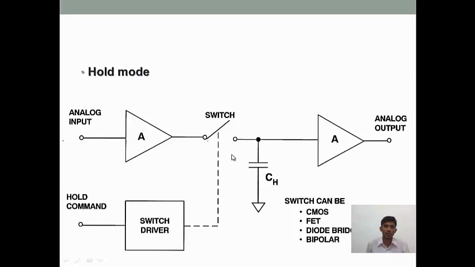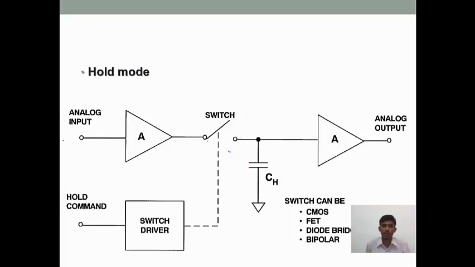In hold mode, the switch driver opens the circuit. When the switch driver opens the circuit, the circuitry acts as an open circuit. No input supply can pass through the switch to the capacitor, so the capacitor will not get any extra input from the input supply.